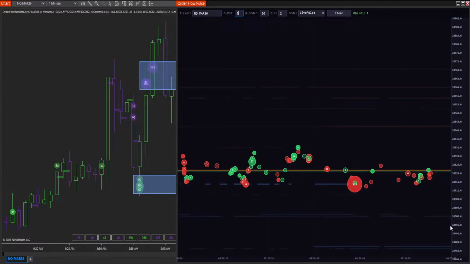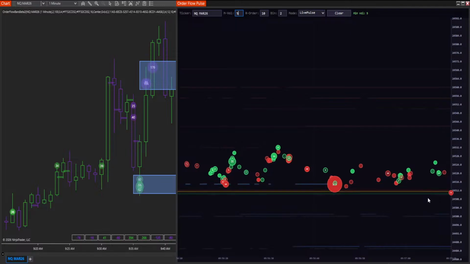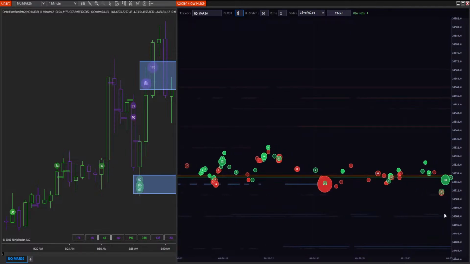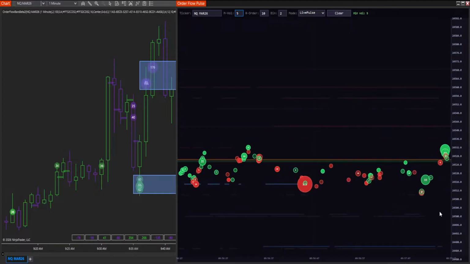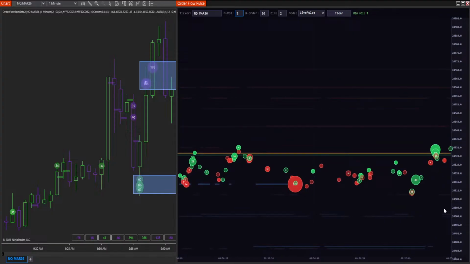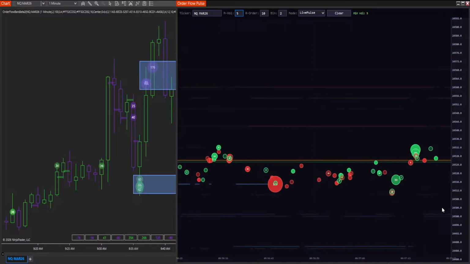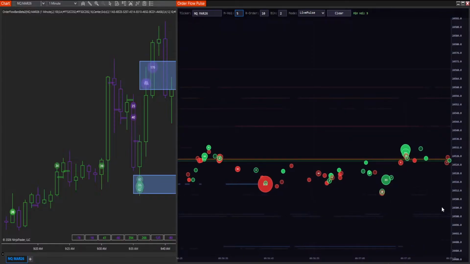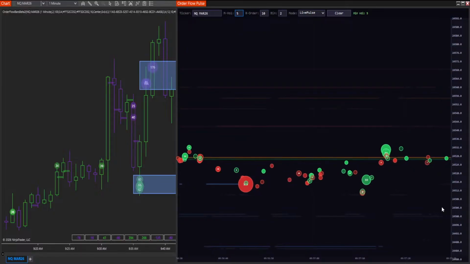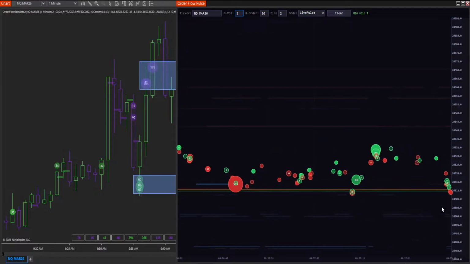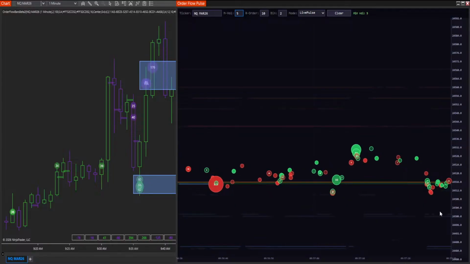When you have a large resting order, let's say someone sitting on the bid at a 100 lot, it's going to show up in a pill form, kind of like the DOM, and it's going to say 100. I don't think I can do that. It'll just sum up the bid.